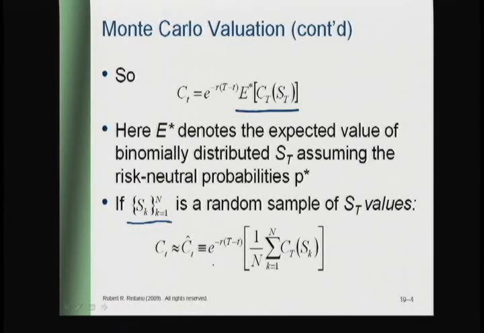Namely, we still have the present value, same as the original formula, but we replace the theoretical expectation using the binomial distribution with an average payoff.